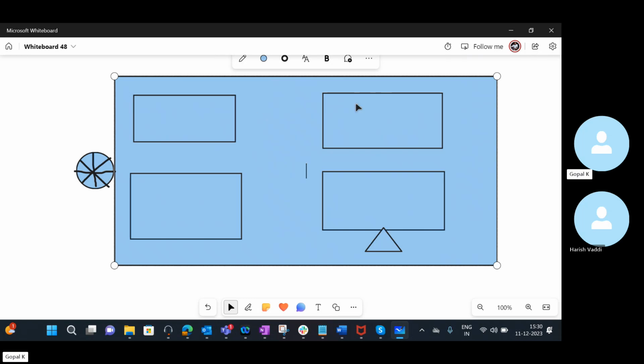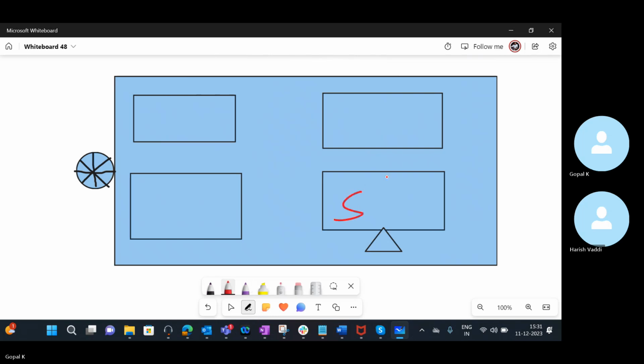Okay. So please consider this rectangle box as your office premises. In your office premises, consider these as a server.